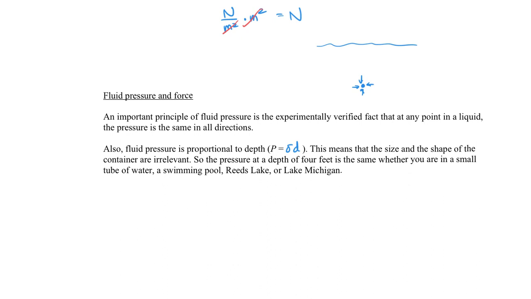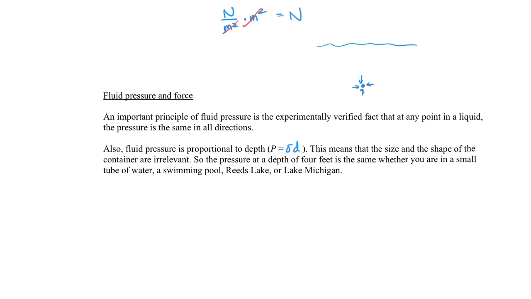If you look at this formula, you can see that only the depth matters, because the weight density will be some constant. So it's proportional to depth, which means that the size and the shape of the container don't matter. So the pressure at the depth of 4 feet is the same whether you're in a small tube of water, a swimming pool, Reed's Lake, or Lake Michigan. As long as the weight density is the same, the only thing that matters is the depth.